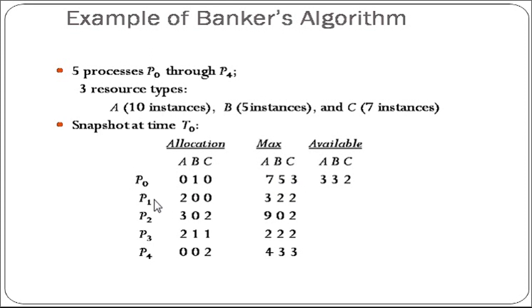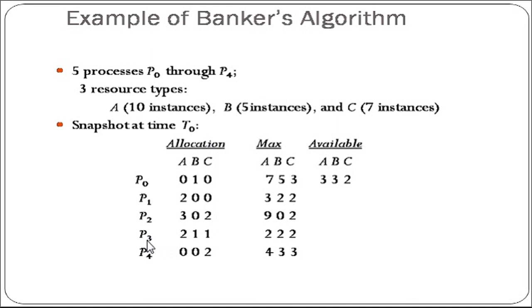Similarly, for all the processes P1, P2, P3, P4, this column represents the maximum requirement of each process for resource types A, B and C, and the first column represents the currently allocated instances of each type.